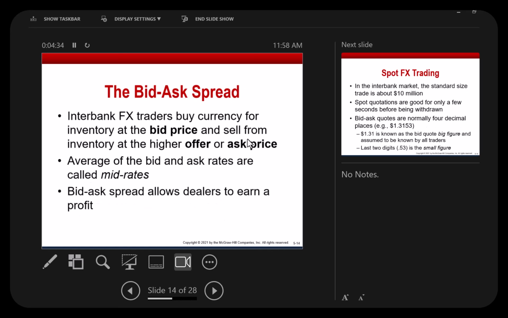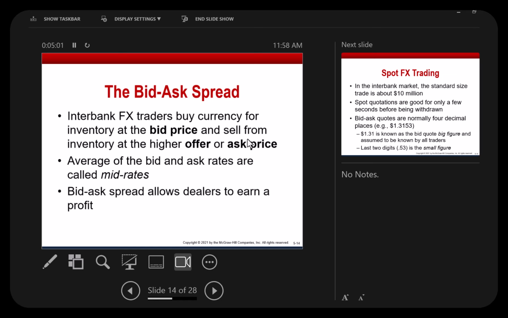All right, all these transactions have a bid ask, and there's a bid ask spread. It's basically the difference between the bid and offer prices. How much those spreads are depends on a few factors. One is which currency pair you're talking about.